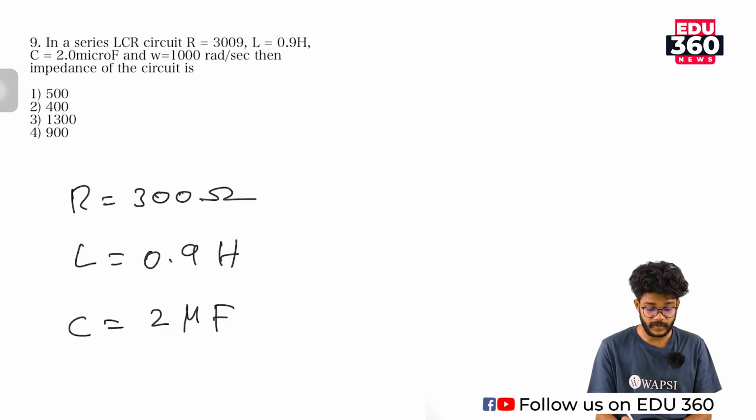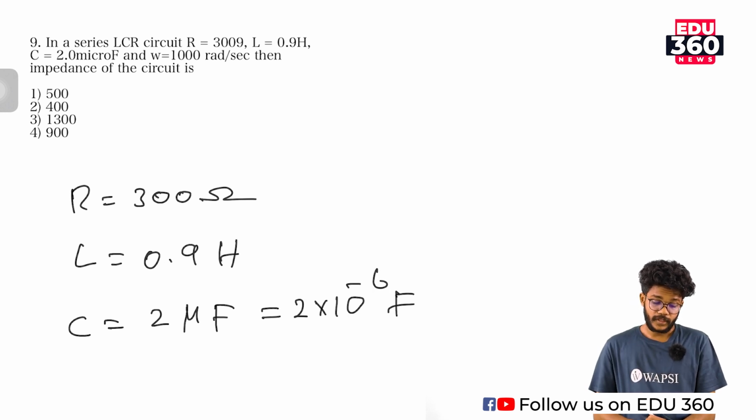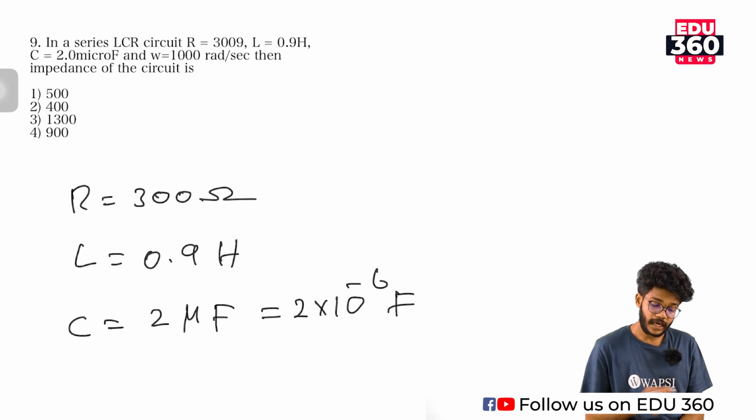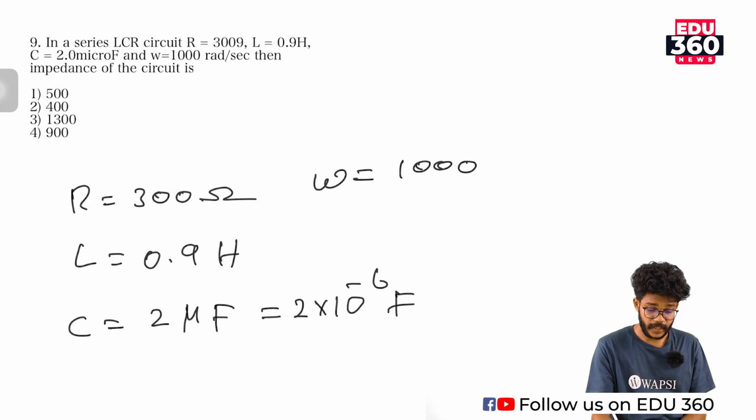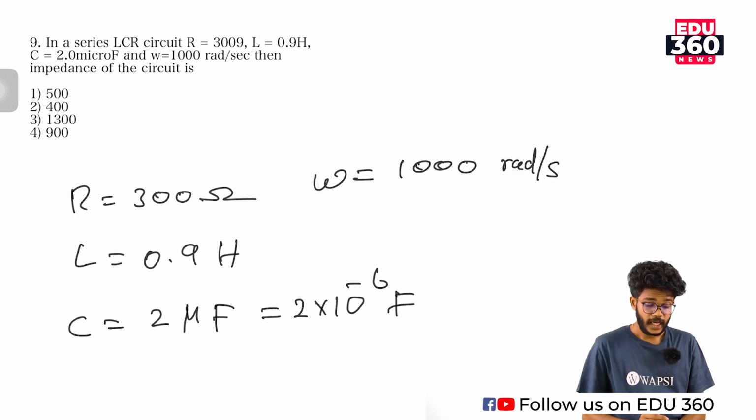Microfarad means 2 into 10 raised to minus 6 farad. So the values of L, C, R are all given and omega is 1000 radians per second. Then we have to find the impedance.